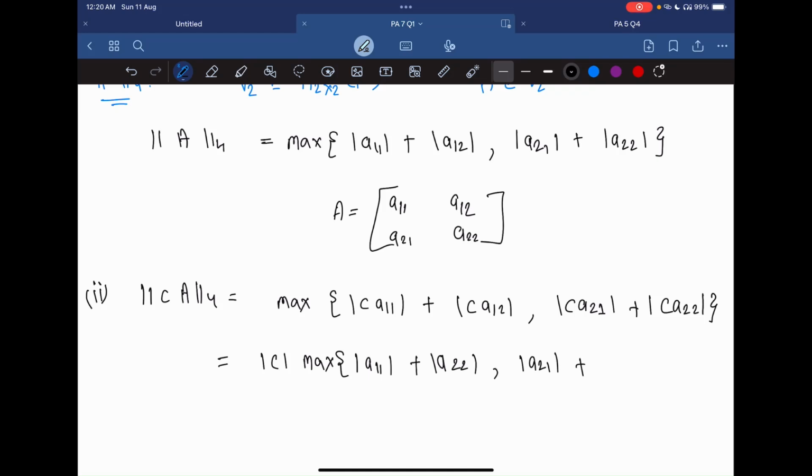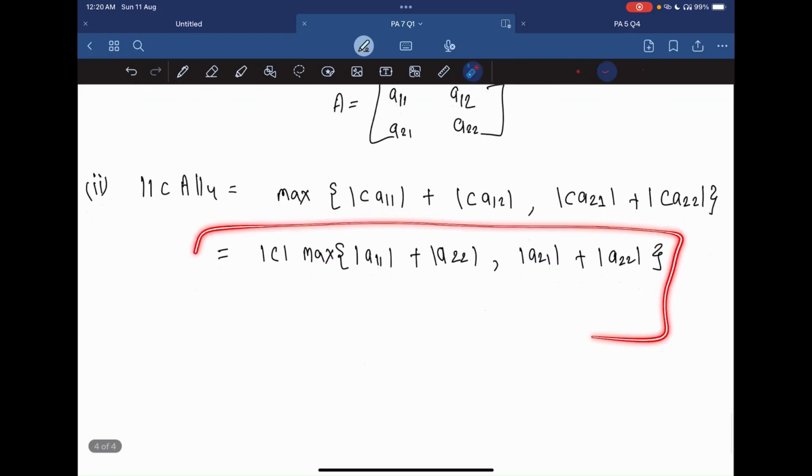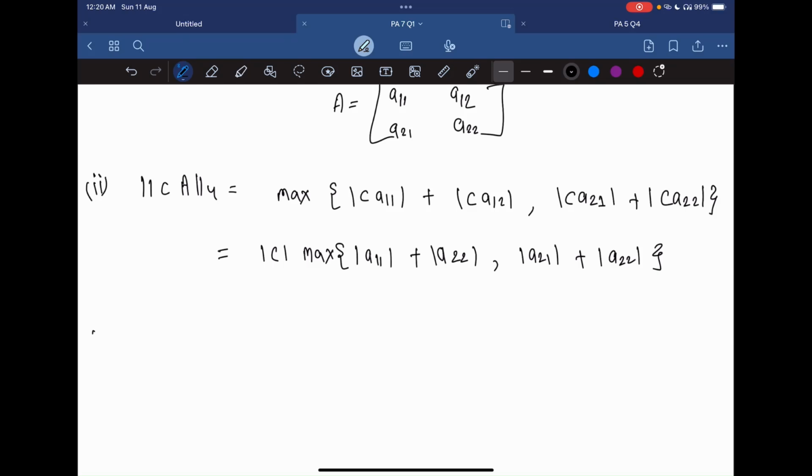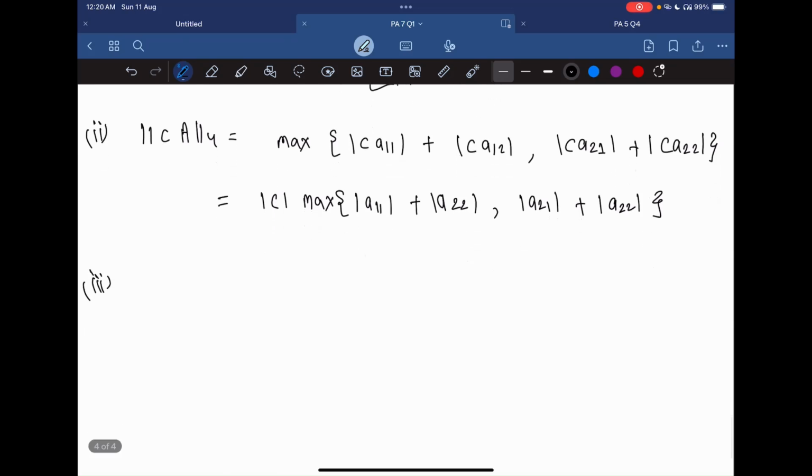So our second condition is also satisfied. Now the last condition, the triangle inequality.